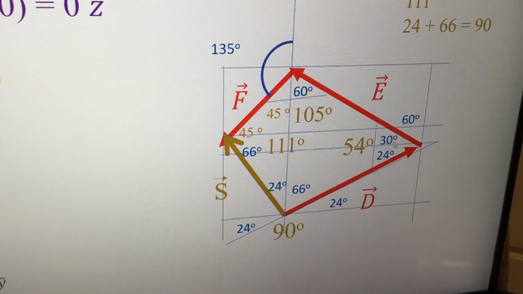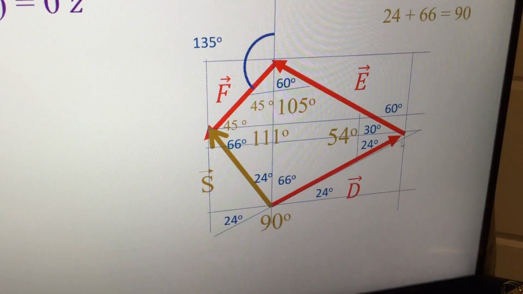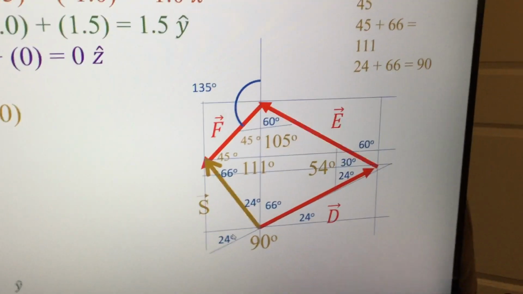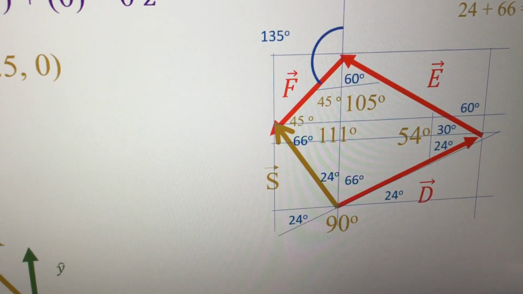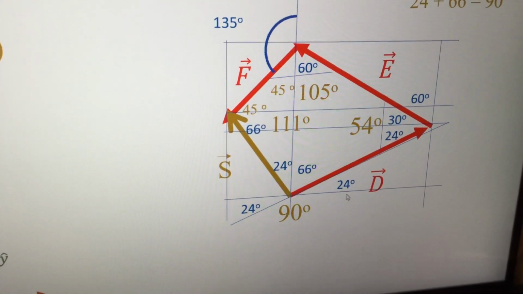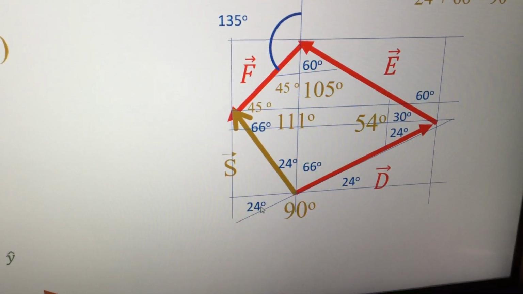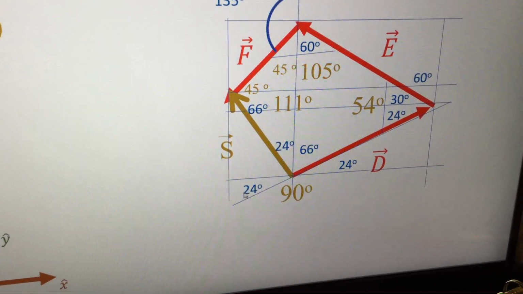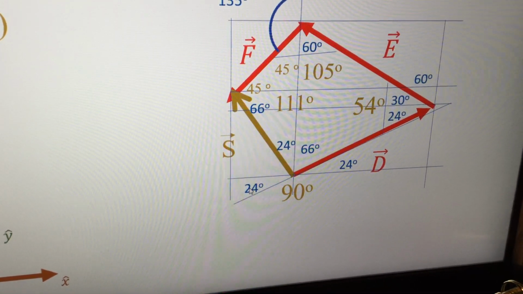Now for this one, we can use a rule from algebra and geometry: if you have a line like this coming like that, and a line like that, the angles in front of each other are the same. So you're going to get 24 degrees.